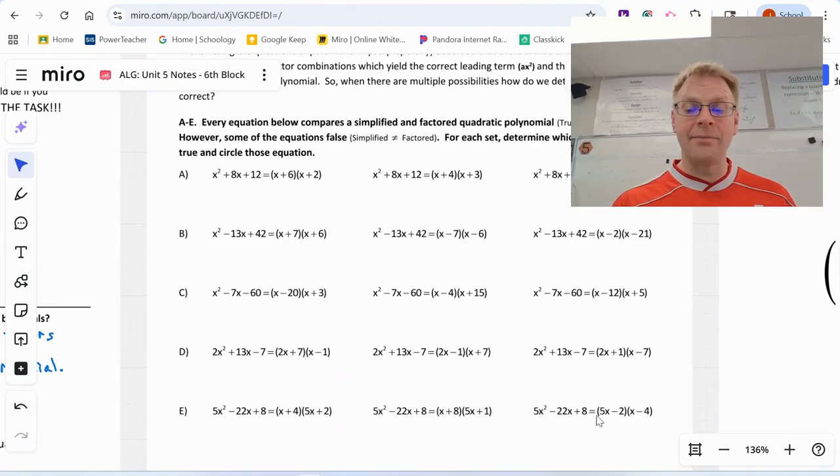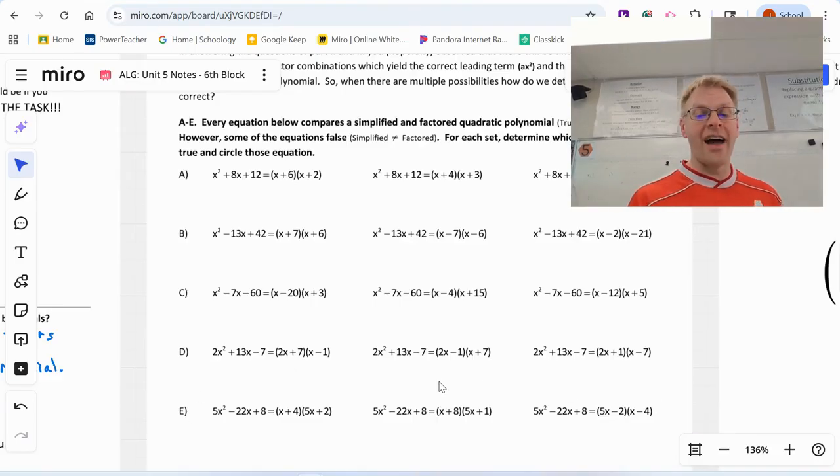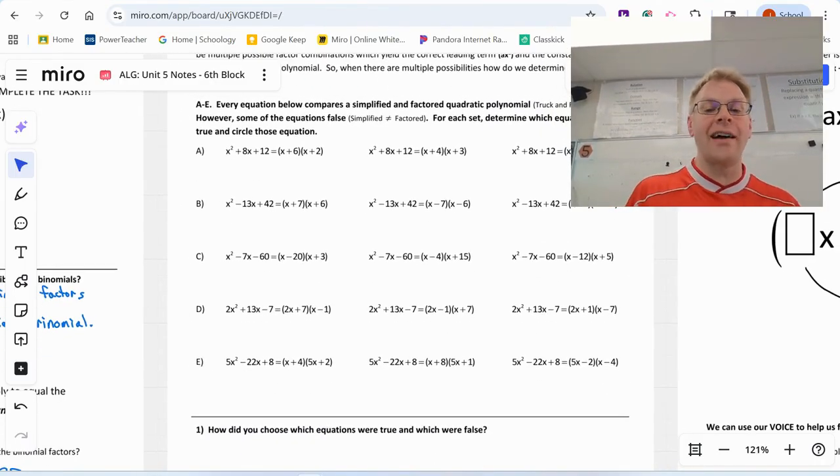And the constant times the constant gives you the correct constant term, last term, 8. So how do you know which of those is the correct one for 5x squared minus 22x plus 8? I want you to investigate that, try some things, see what you can come up with. Pause the video now.